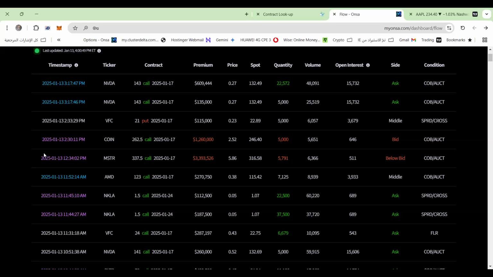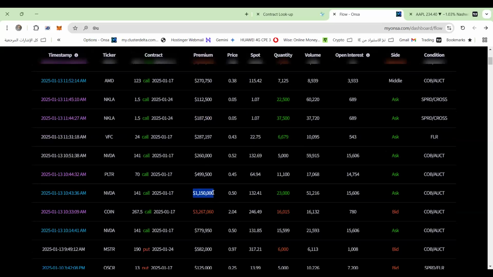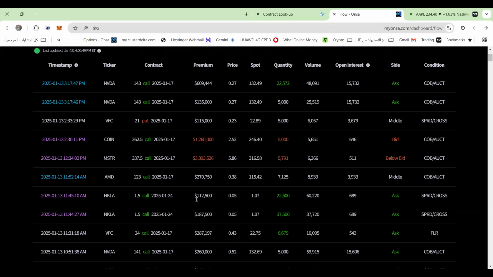For example, here we can see that the big amounts are in red for selling and green for buying contracts. So here, for example, we've got MSTR.